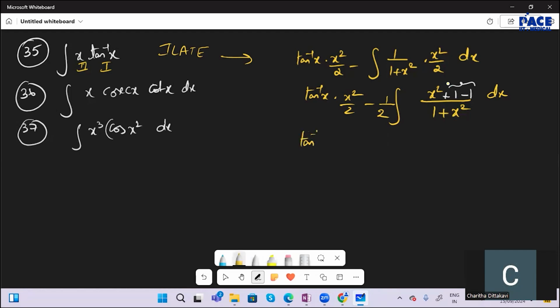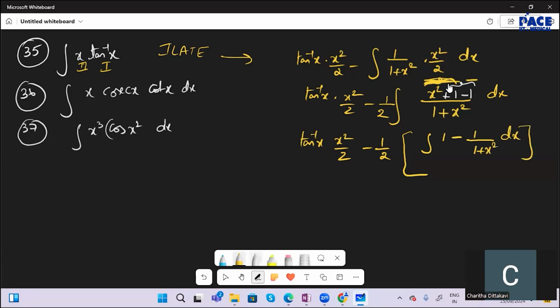Fine. So this is tan inverse x into x square by 2, minus 1 by 2 into integral of, observe, x square plus 1 by x square plus 1, these two you consider as one set, the minus 1 is the other set. So this is nothing but integral of 1 minus 1 by 1 plus x square dx is what you have.